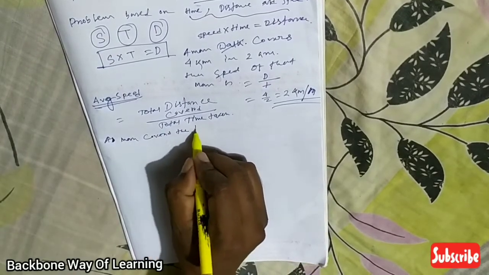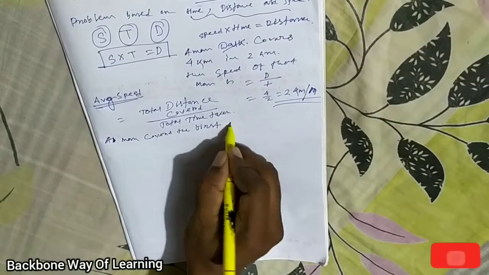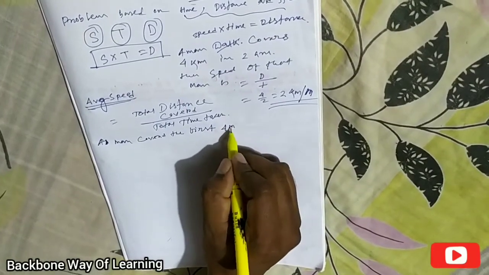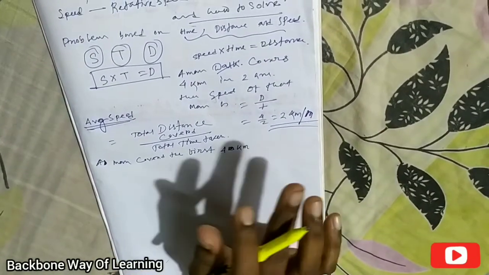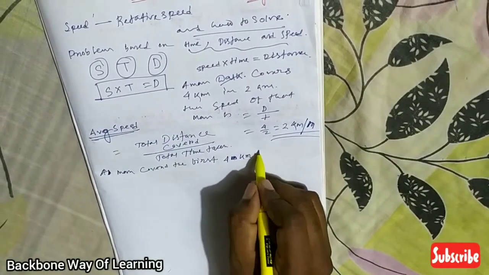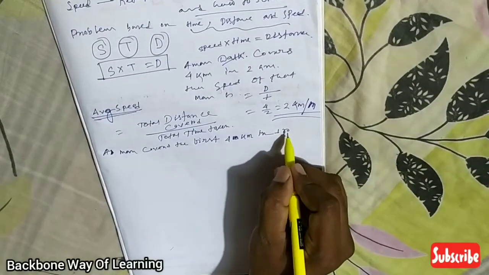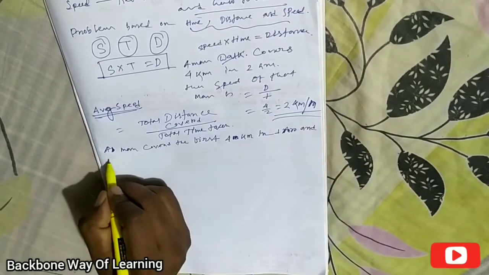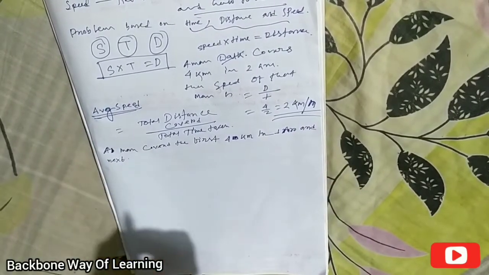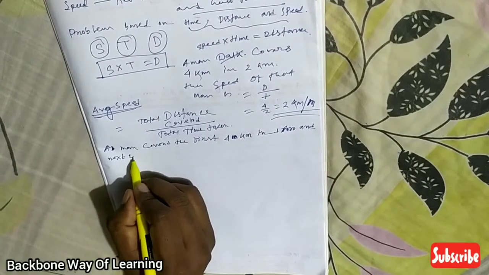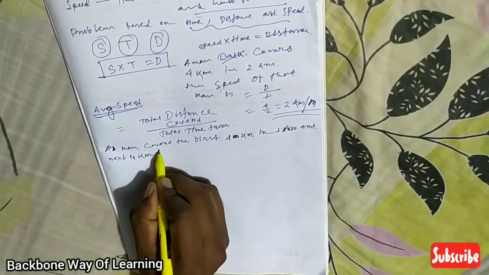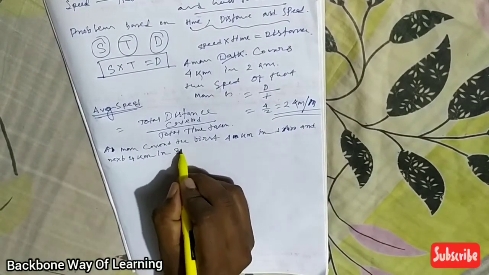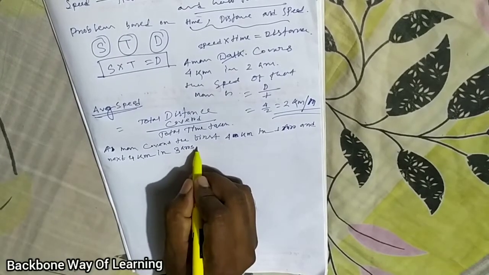Suppose a man covers the first 4 km in 1 hour, and the next 4 km in 3 hours.